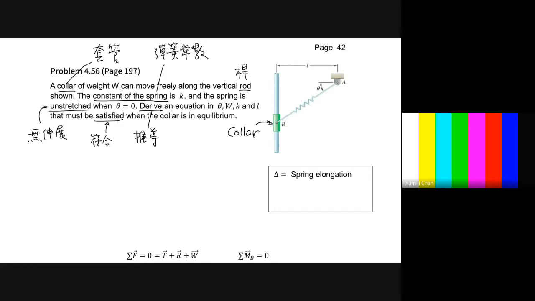Are there any words that you don't know? Any other words that you don't know? Now, because we have the word equilibrium, it means we have summation M equal to 0, right?